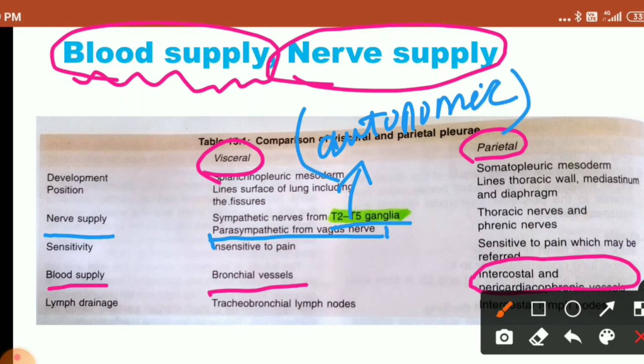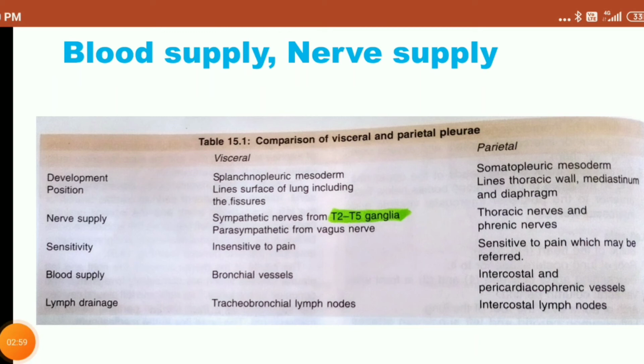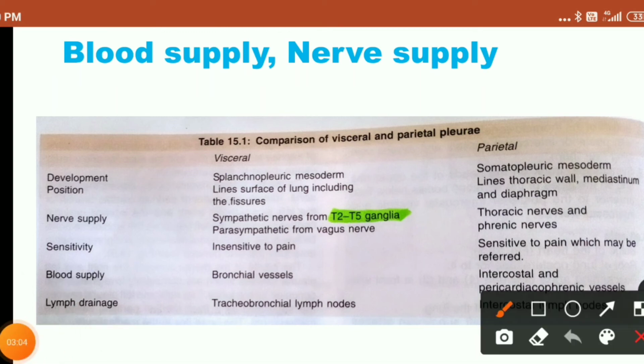On the other hand, parietal pleura is supplied by somatic nervous system. The clinical significance that we want to spot here is that any irritation in the parietal pleura is reflected as pain. On the other hand, the irritation of visceral pleura is not reflected as pain. This is the most important clinical significance of the nerve supply of parietal and visceral pleura.